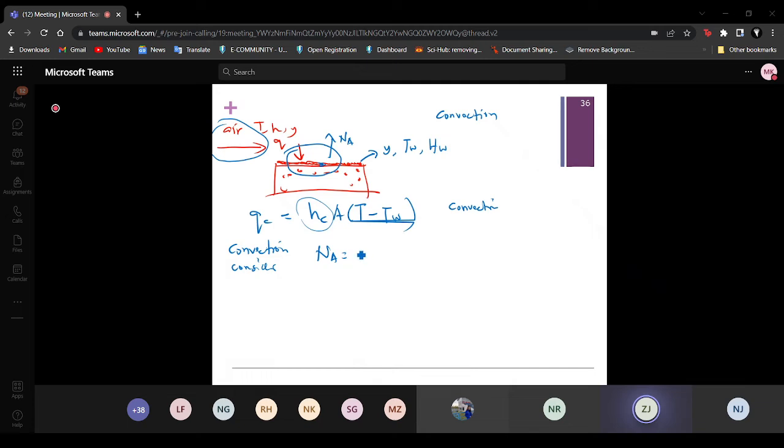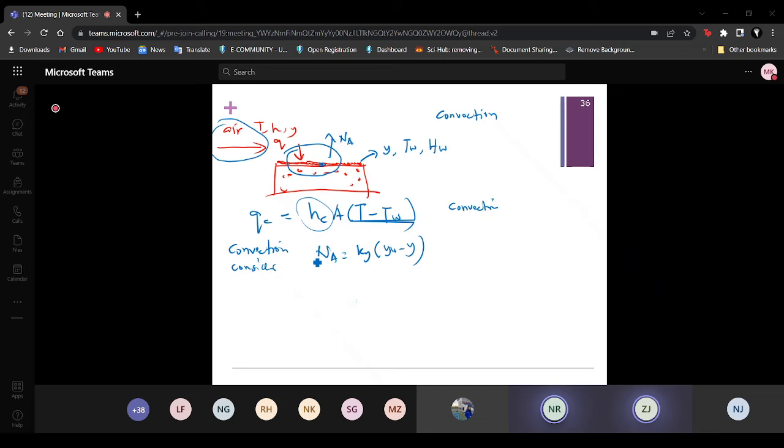So flux is equal to KY, the mass transfer coefficient, times (Y minus YW). Sorry, the concentration difference. Alright, so this is mass transfer. So this is the flux.